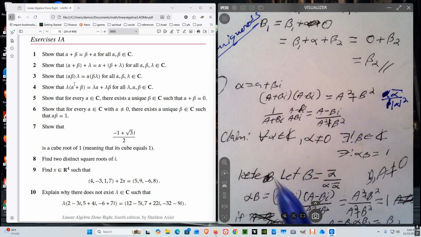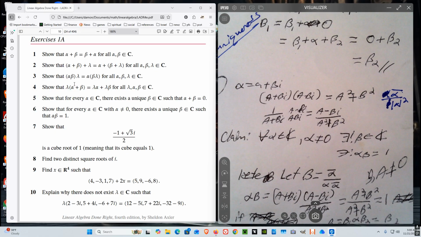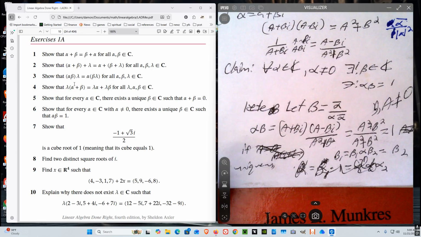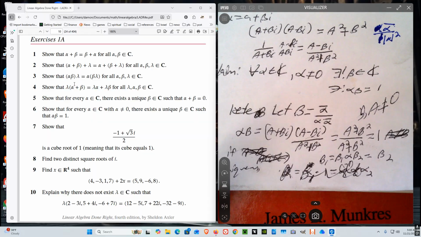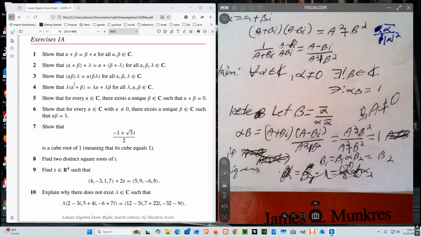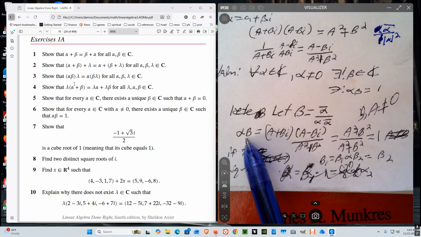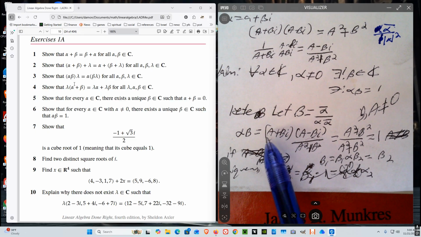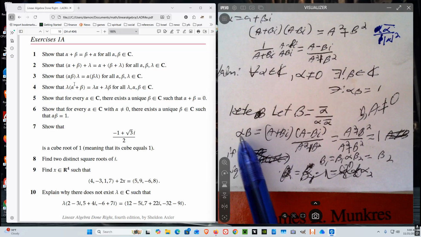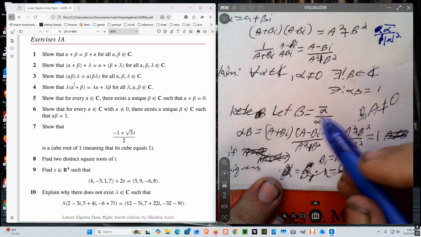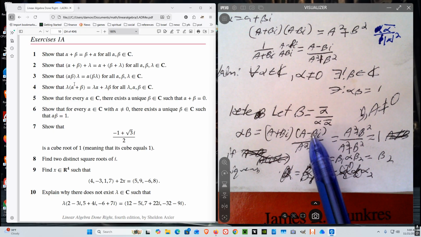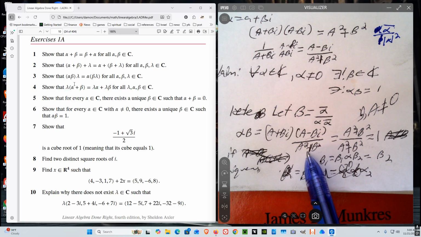So we just check it to show that it works. So down here, sorry about my scribble during lunch. To do all these problems on video takes time. So you have alpha beta. So a plus bi is your original alpha, and beta is a minus bi over a squared plus b squared.